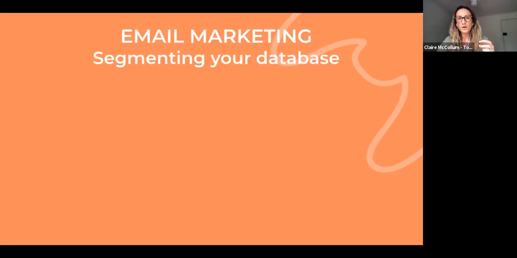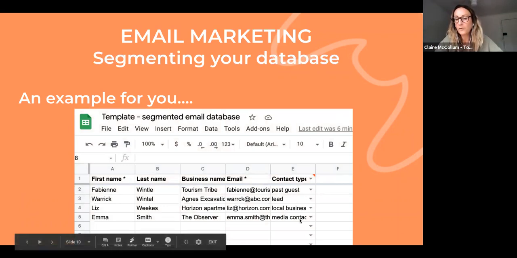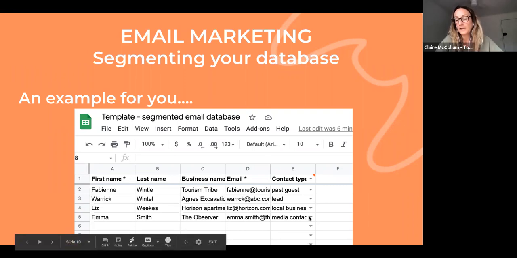So, segmenting our database. Here's an example for you. We've just put this in a Google sheet, but you can see here that there are just four groups or four segments: past guest, lead, local business, and media contact.